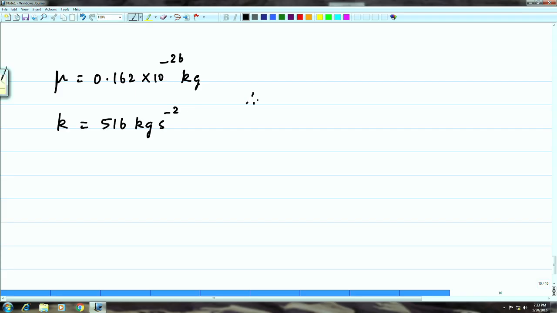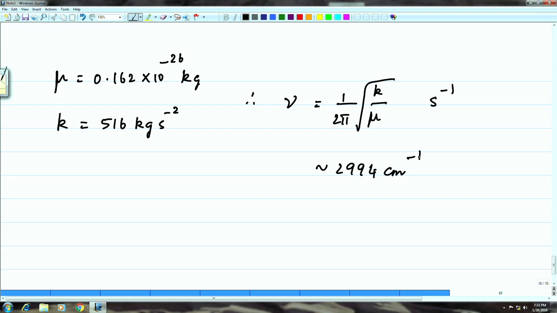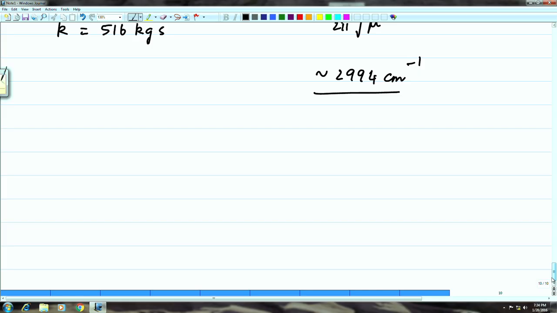Therefore, you know immediately the frequency nu, which is 1 by 2 pi times square root of k by mu, in per second, because the kilograms cancel out and the per second square becomes per second under the square root. Therefore, what number do you get? You get approximately 2994 centimeter inverse. You can do it very accurately, but I am just telling you how to do the simple calculations. This is the fundamental frequency for the hydrogen chloride molecule under the harmonic oscillator approximation.